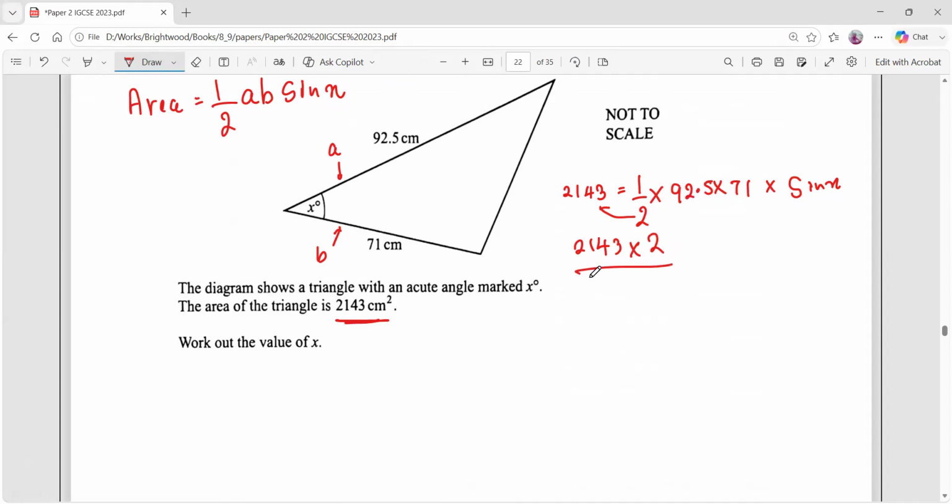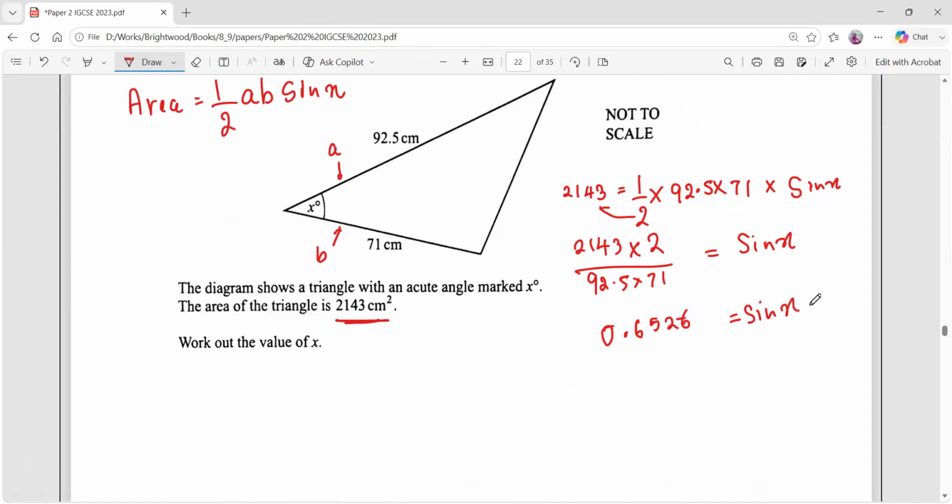This multiplication comes to this side and becomes divide: 2 times 2143 over 92.5 into 71 equals sin x. Use the calculator. When you simplify it, it is 0.6526 or something for sin x.